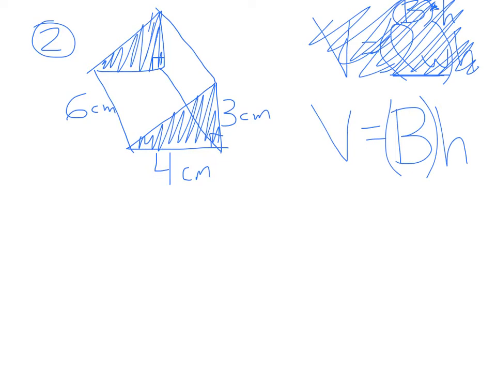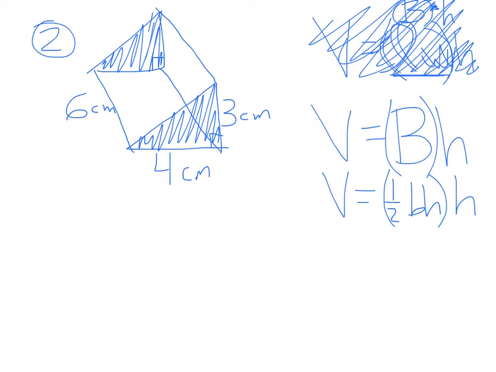The base does not mean the bottom, so you're not finding the area of the rectangle on the bottom. You're finding the area of the triangle, since that's called the base. And so when I plug this in, I'm plugging a formula in for big B, much like the LW plugged in for big B on a rectangular prism, 1/2 BH plugs in for big B on a triangular prism.